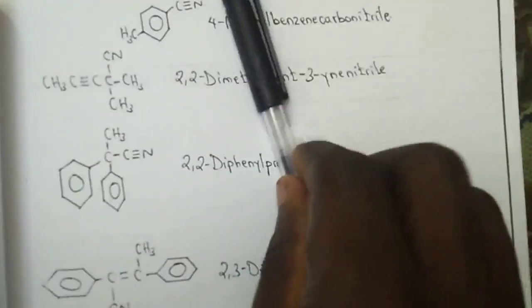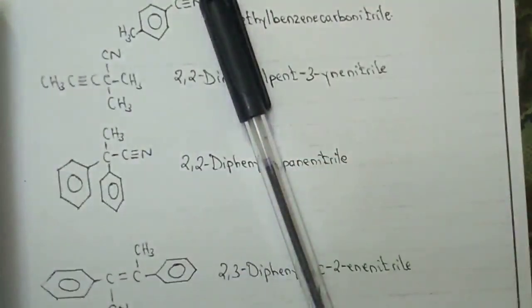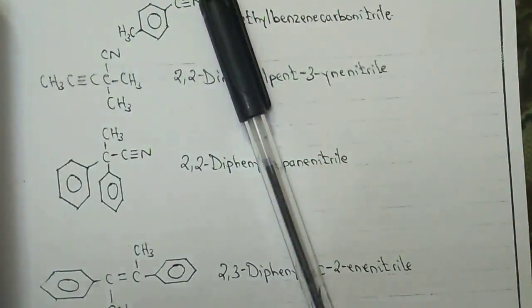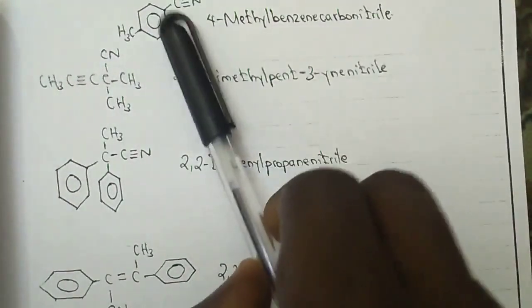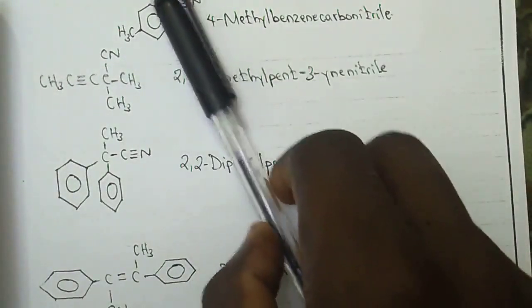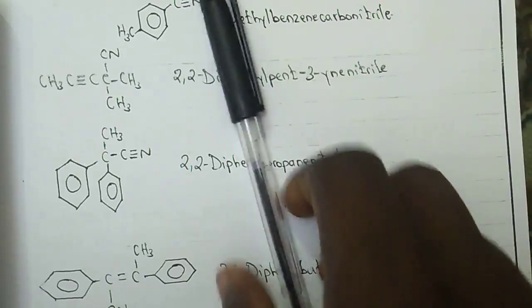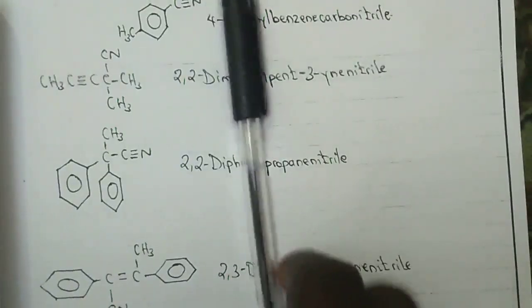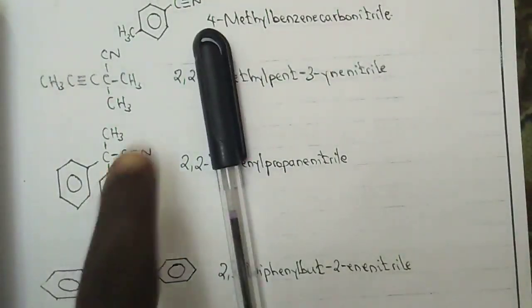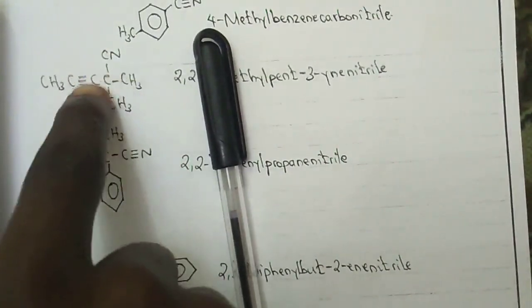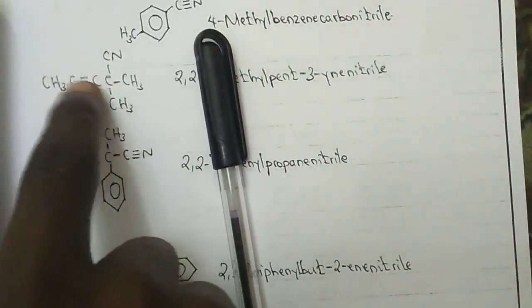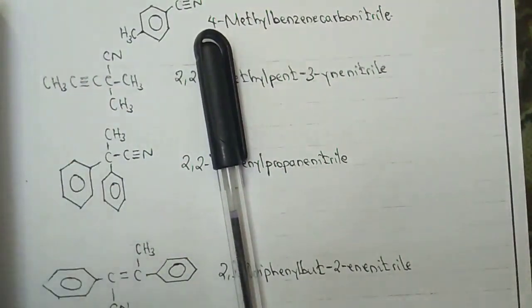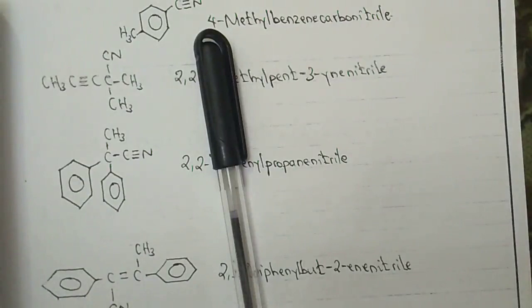Now ukija kwenye compound kama hapa, it is nitrile ile pale, then 1, 2, 3, 4, so it's 4-nitrobenzenecarbonitrile. Huyu hapa ni nitrile parent chain 1, 2, 3, 4, 5, so it is 3... sio 3, it is 2,2.